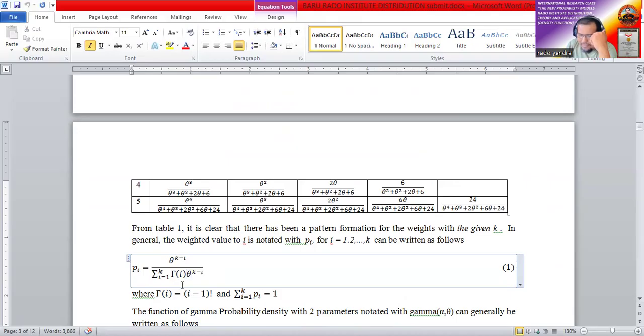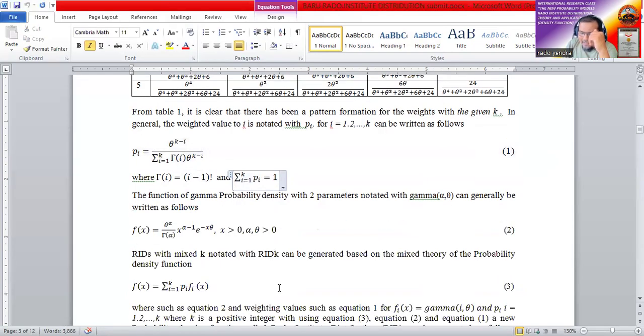You must remember the gamma function for integers, of course, we can find with the formula gamma(i) equals i minus 1 factorial. And then the summation of the pi must equal 1.